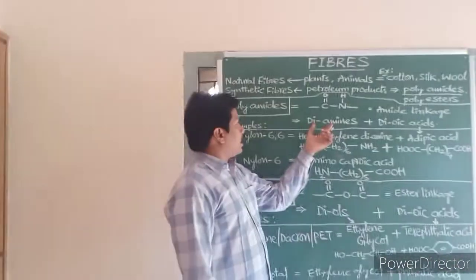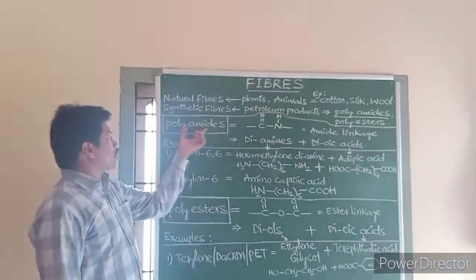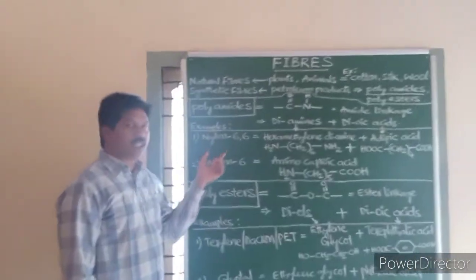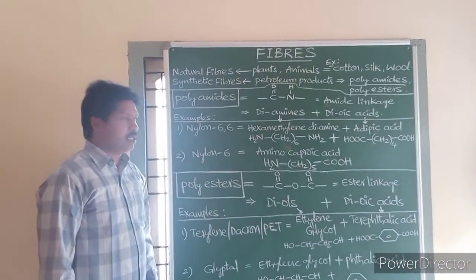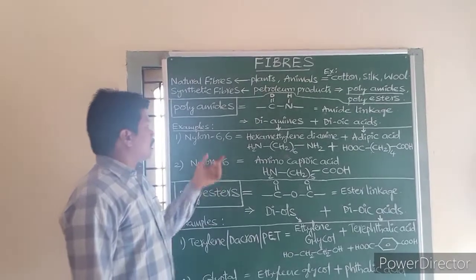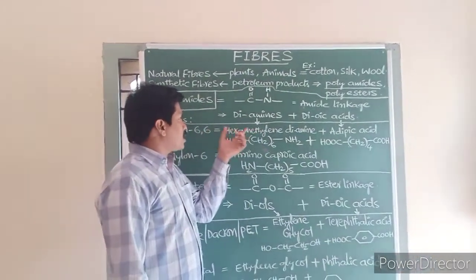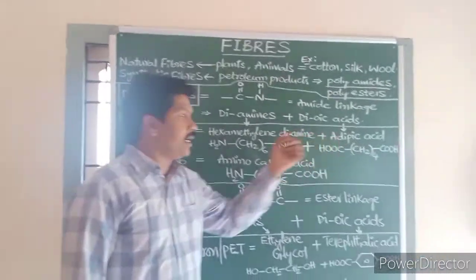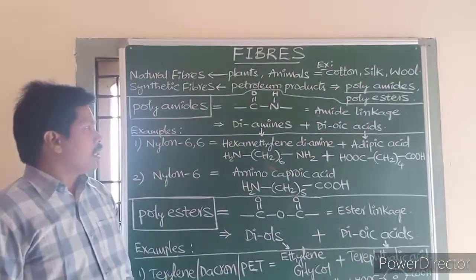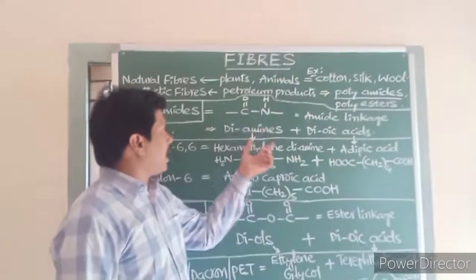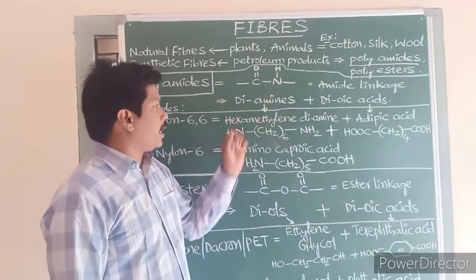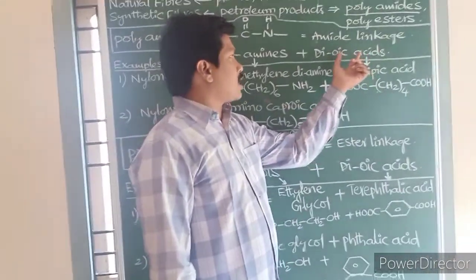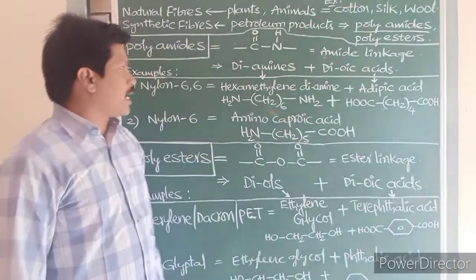Okay, and here the examples of these polyamides are nylon 66 and nylon 6. Nylon 66 is a condensation polymer of hexamethylene diamine and adipic acid. This hexamethylene diamine is one type of diamine and adipic acid is an example of a dioic acid.